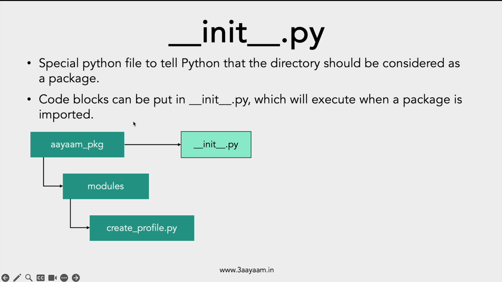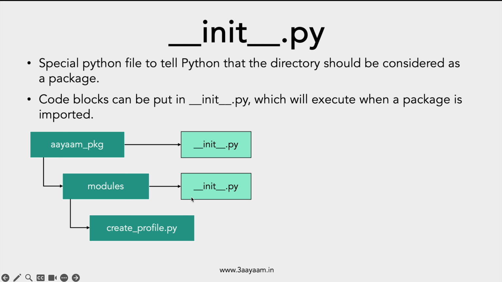So iam_package is a directory, and I have placed an __init__.py file inside this directory. Now Python would consider this particular directory as a package. Same is the case with modules. I'll put an empty __init__.py file inside the modules directory, and then Python would consider this directory as a package also.